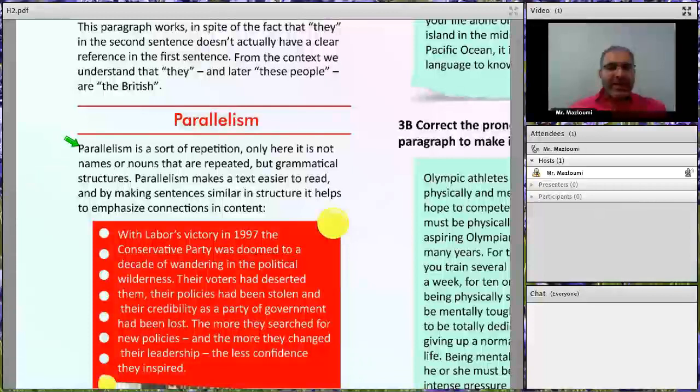Parallelism makes a piece of writing easier to read. And by making sentences parallel, similar in structure, it helps to stress connections in content, connections in a paragraph. So, parallelism in short means using similar structures.